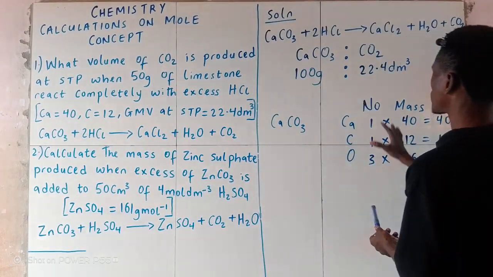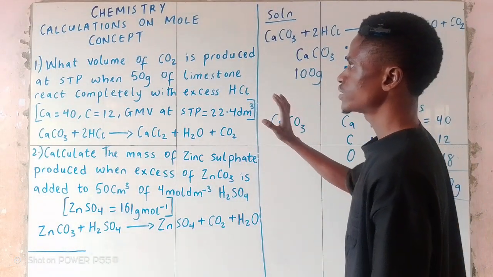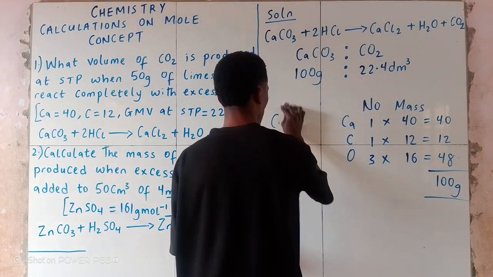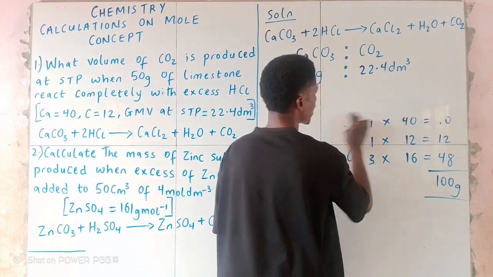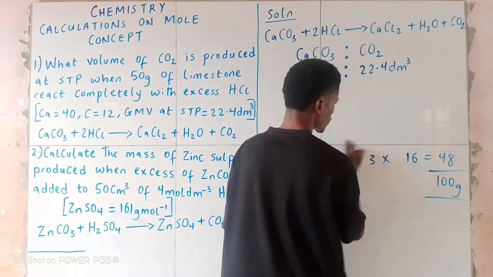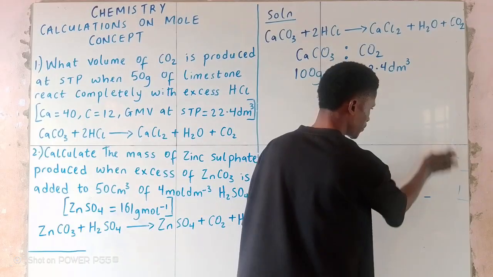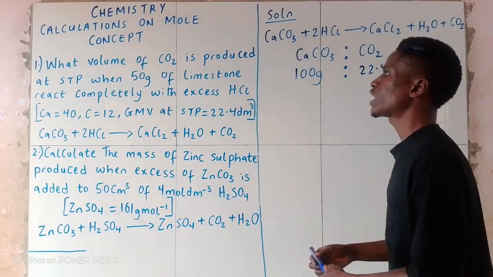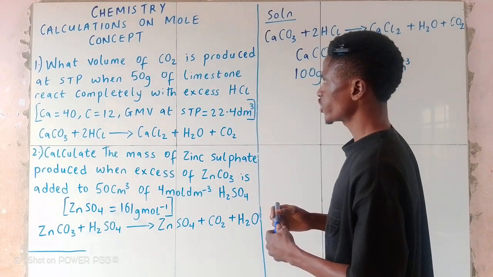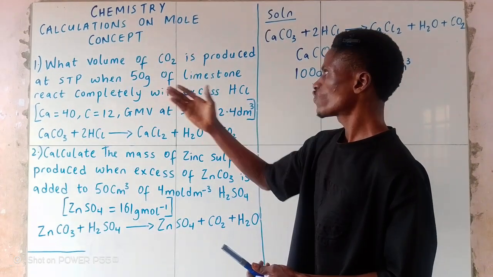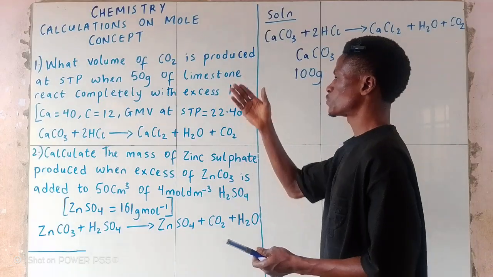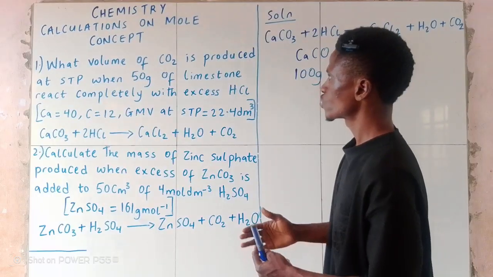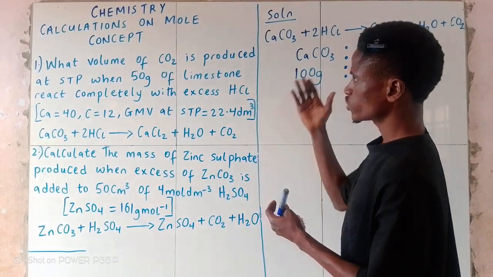So I apply the parameters to satisfy the question. My next step is to check the question. What volume of carbon dioxide is produced at STP when 50 gram?